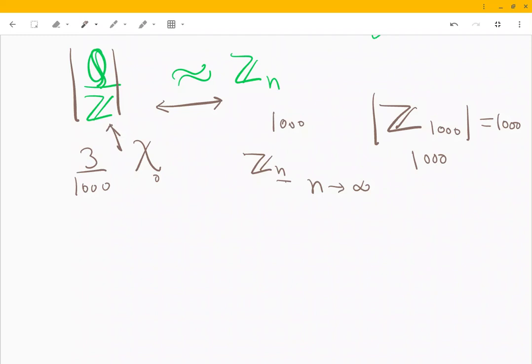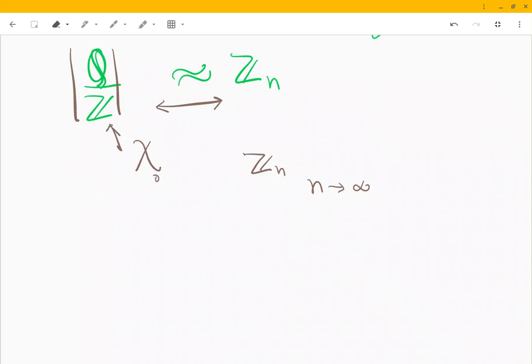Okay, so if n approaches infinity, for any specific value, they will never be isomorphic. But when n is approaching infinity, to be honest, I haven't seen this concept yet in any book where we establish the cardinality like this, but whatever, let's just get it out of the way.